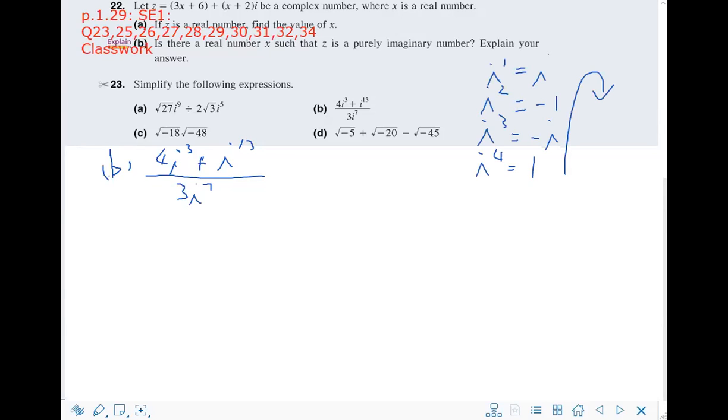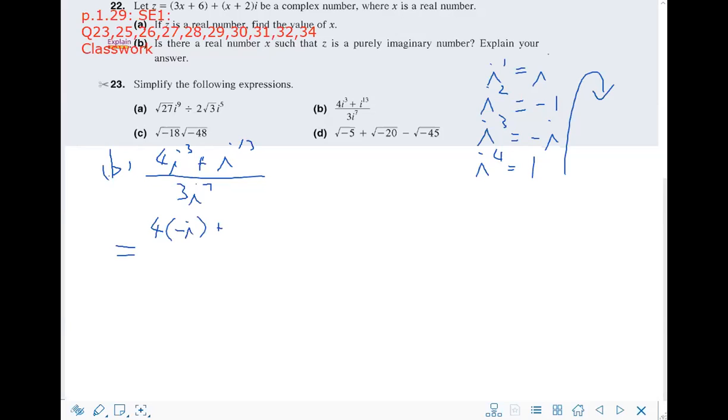If it is a large power, you just need to find out which term in the pattern it stops at. For example, i cube is -i, so we change the i cube to 4 times -i, and then plus i13.